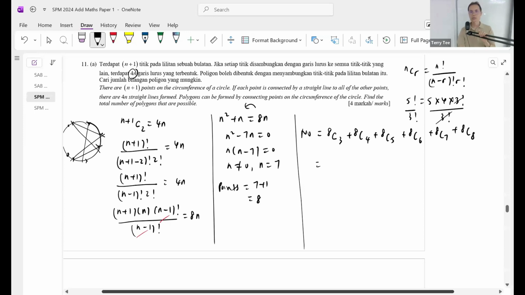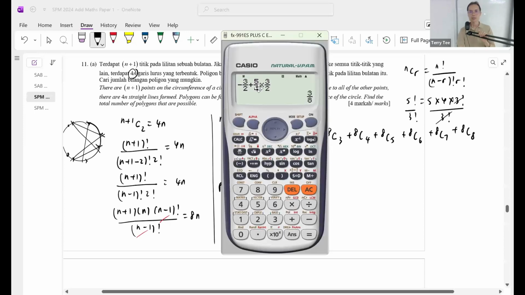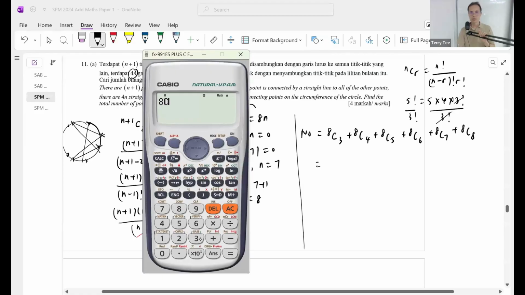So let's count, use your calculator. This will be 8 choose 3, 8 choose 4, 8 choose 5, 8 choose 6, 8 choose 7, 8 choose all 8.